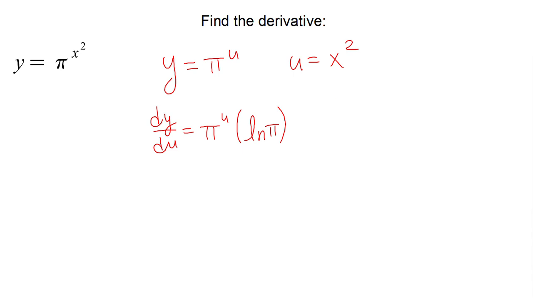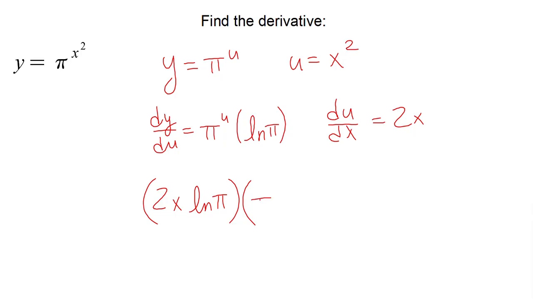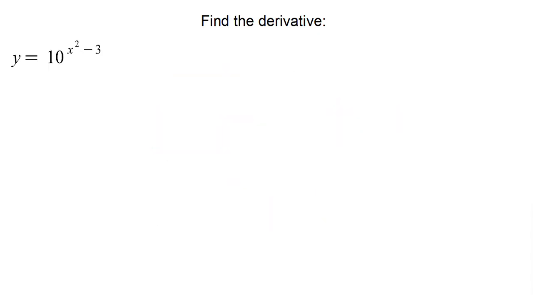And our derivative of u, du/dx, should just be 2x. Then we'll just multiply these two things together. So we end up with 2x ln pi times pi to the x squared. And that should be our dy/dx. 2x ln pi times pi to the x squared.